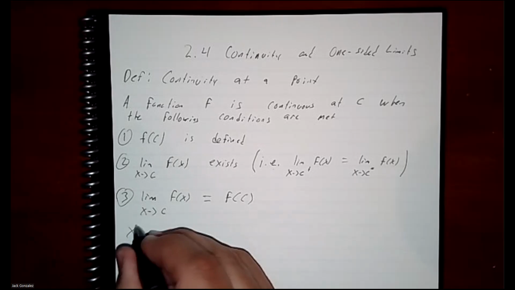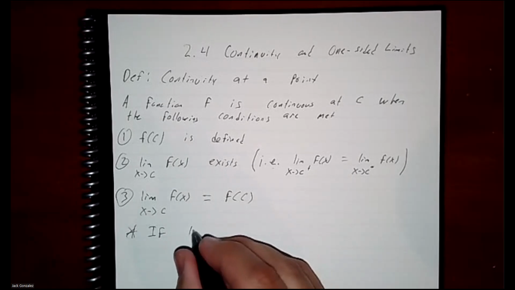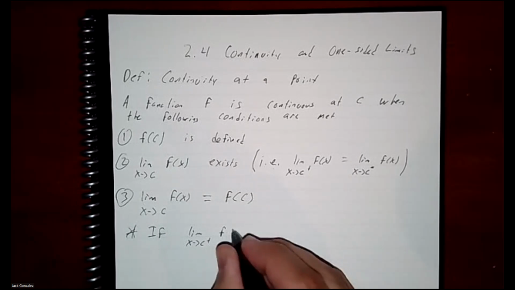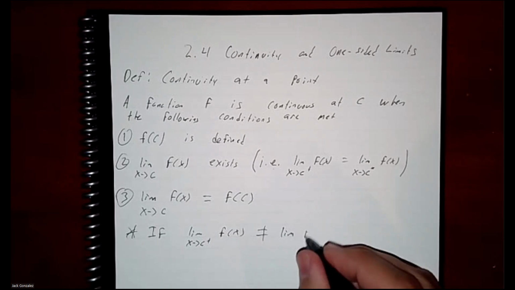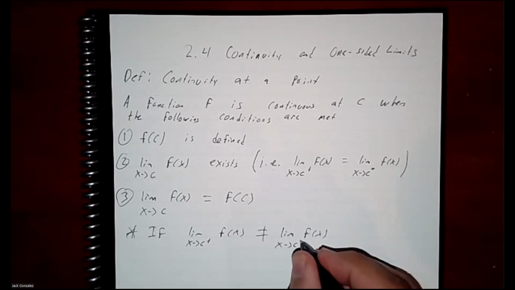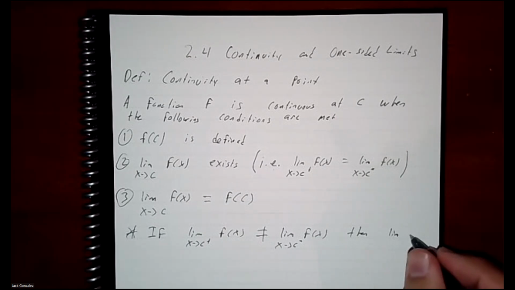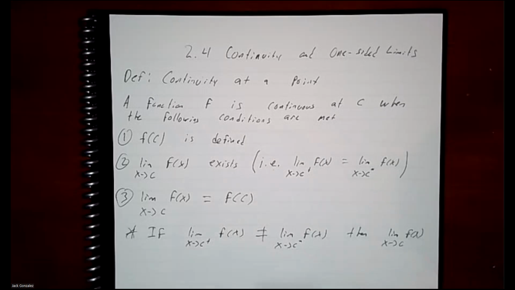There's a quick note here, in case it wasn't already clear. If the limit from the right is not equal to the limit from the left, then the limit of f as x approaches c does not exist.